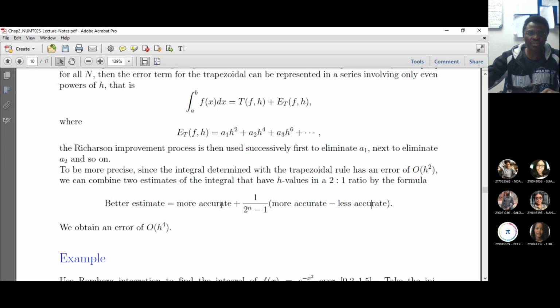If we use those results and perform this algebraic manipulation, the result we obtain will be a better estimate of the integral, and theoretically it is fourth order accurate.